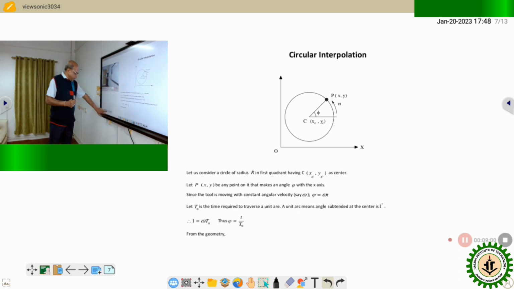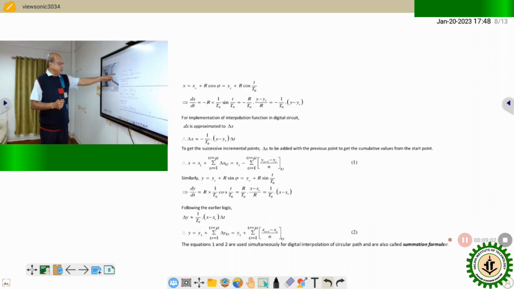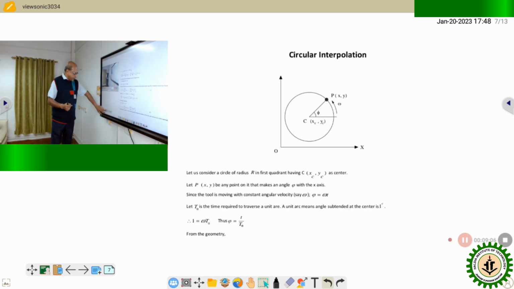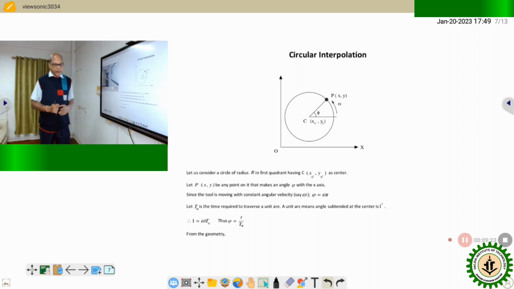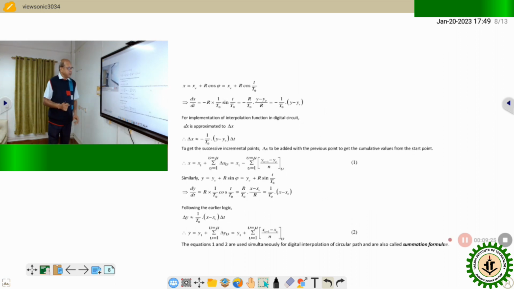Now from the geometry, it is very simple to calculate the x and y coordinates. Returning once back to the diagram, for P, the coordinate is x and y. If the radius is r, then definitely the coordinate x will be equal to x_c plus r cos phi. That is what is written over here: x equal to x_c plus r cos phi.